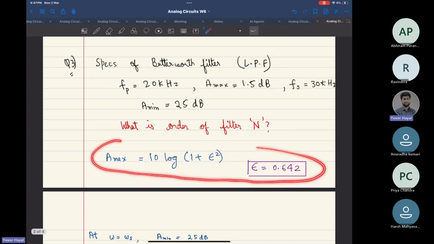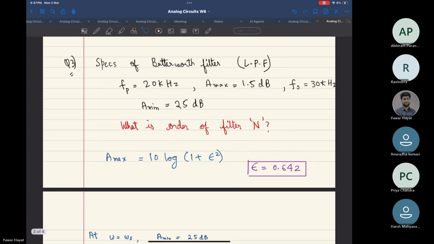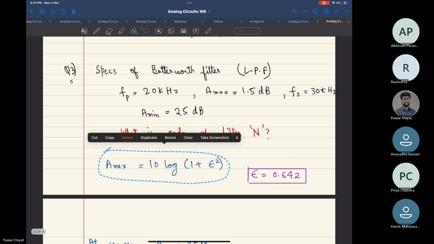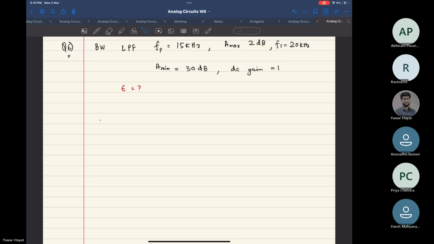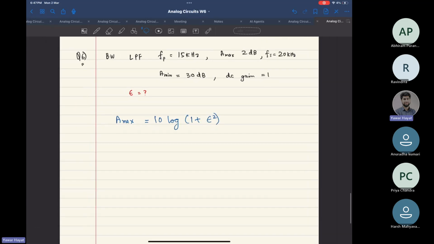Already did this, right? Can you let me know the answer? Should I simplify the equation further for you? See, your epsilon would then be how much?